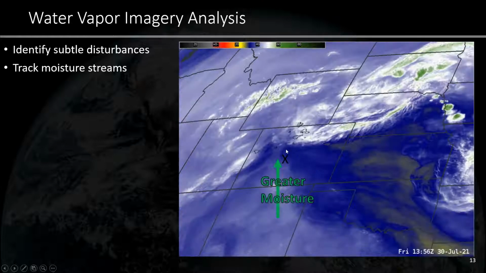But also identify subtle short waves, like in this imagery. You can see the very weak cyclonic flow, but it's there, a very weak short wave moving north within the greater moisture into north central Colorado. And maybe that's going to help to spark slightly more widespread convection in northern Colorado during your time of convective initiation.